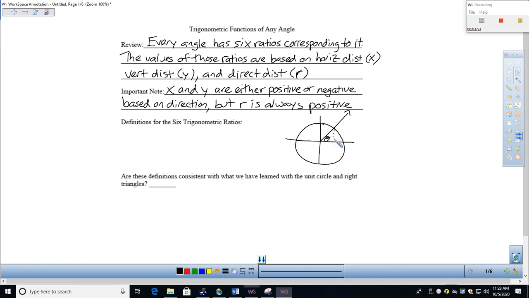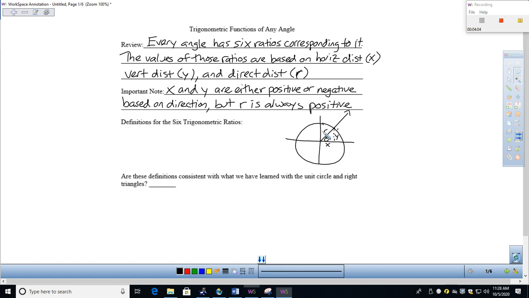And bringing this on down, looking at that point, we've got our x value, our y value, and our r value. Excellent. And this point just continues to move in circular motion. As x, y, and r change, the values of our ratios are going to change, and that's what we're going to explore today. Every angle, and here's our theta right here, has 6 ratios that go with it, and they're based on x and y and r.